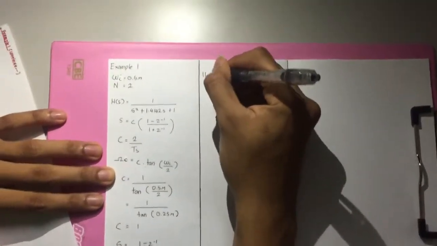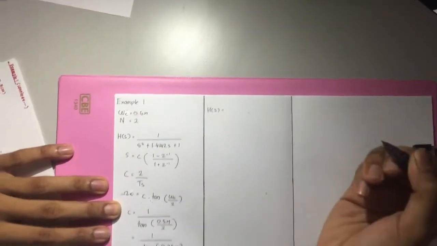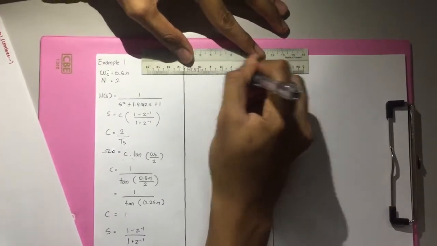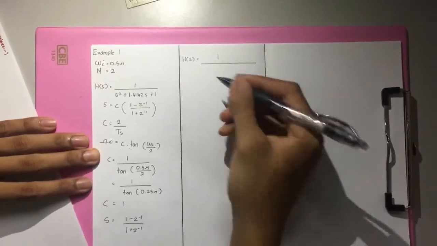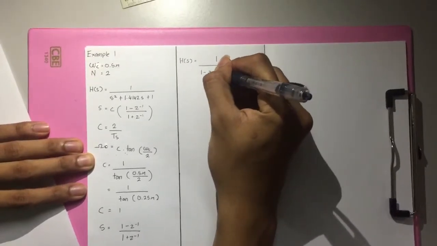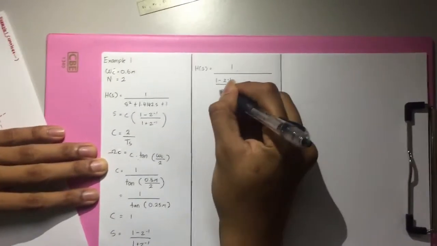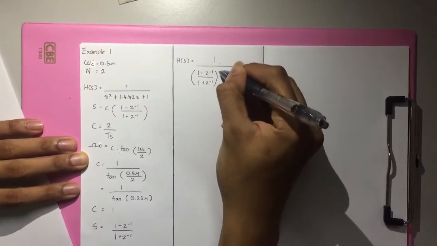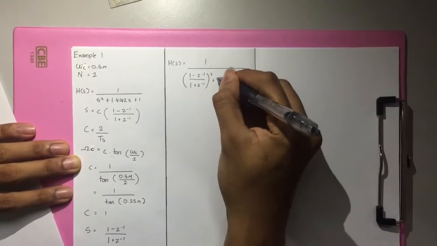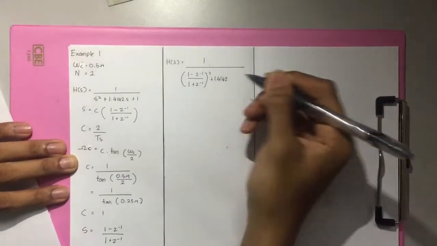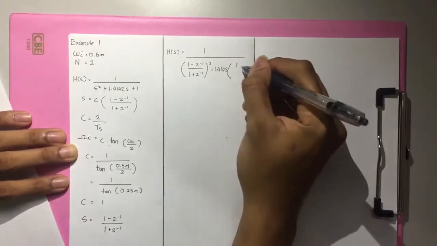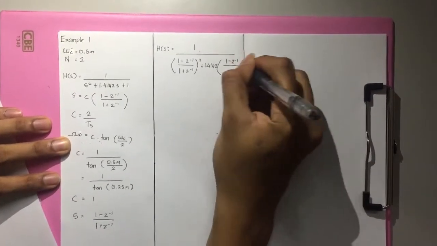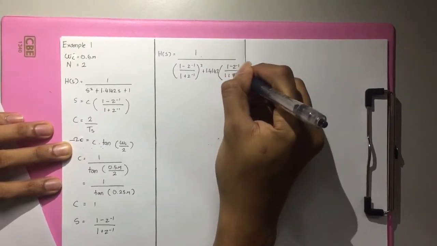It becomes HS equal to 1 over 1 minus z inverse over 1 plus z inverse in bracket squared plus 1.4142 times 1 minus z inverse over 1 plus z inverse plus 1. Oops, no space here.